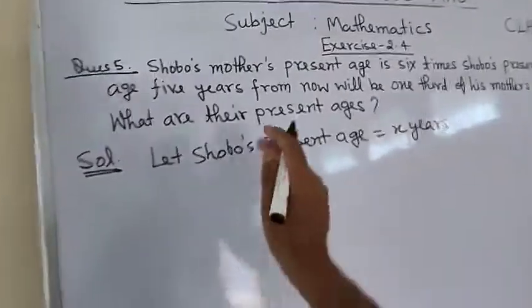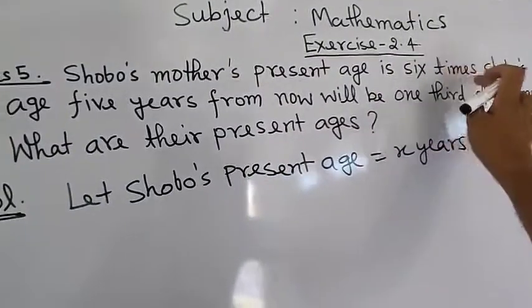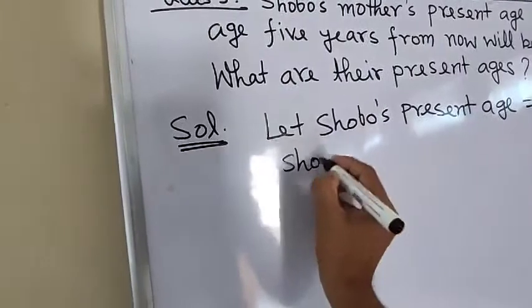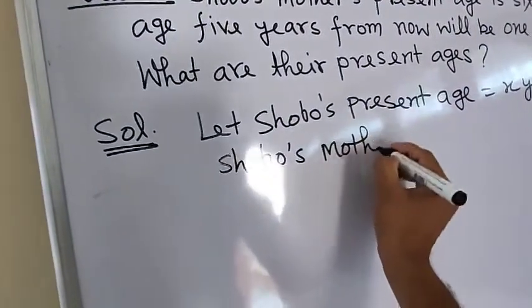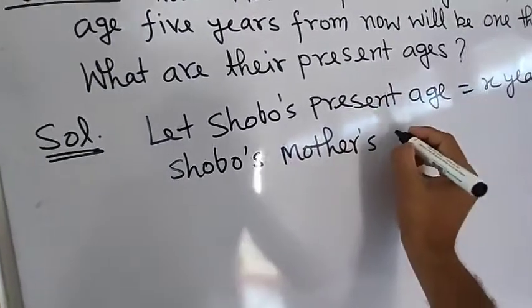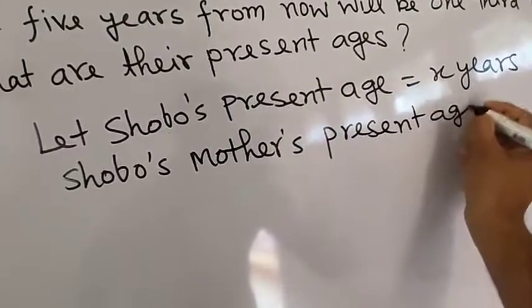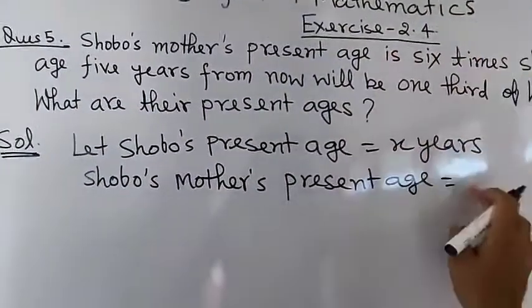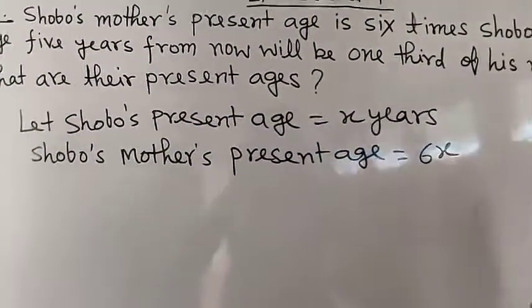Now it is given that suppose mother's present age is 6 times suppose present age. It means suppose mother's present age equal to, according to the condition, 6 times suppose present age. So it will be 6 into x, 6x.